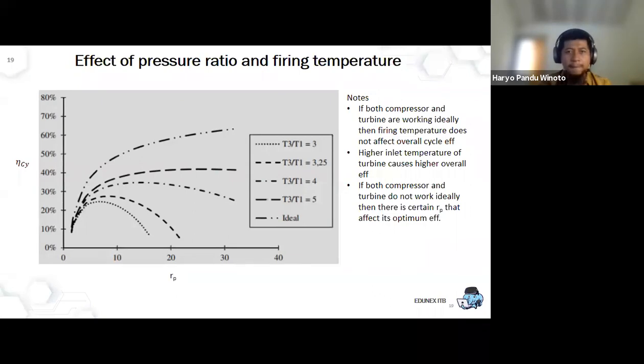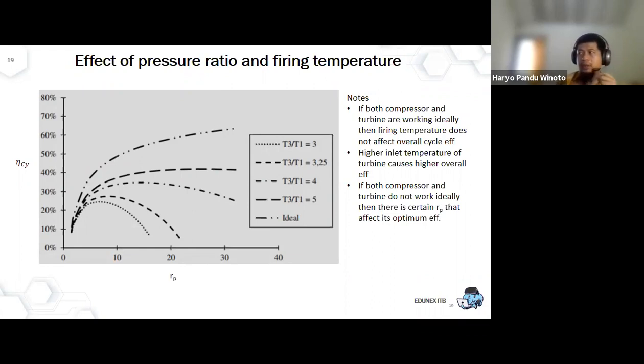When you have an ideal cycle, any pressure ratio is fine for the cycle efficiency, even though it will reach some kind of ceiling, maybe 60%, something like that. When you increase the pressure ratio, it will not decrease our overall efficiency.